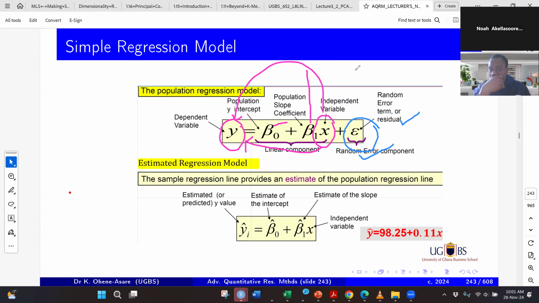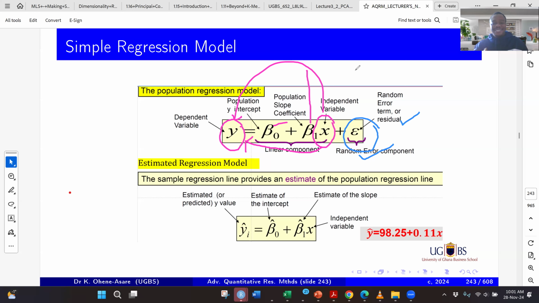Good. What else? Systematic error. Okay. All right. So you finally have the unobserved heterogeneity. The unobserved heterogeneity. Guys, what is the use of this error?